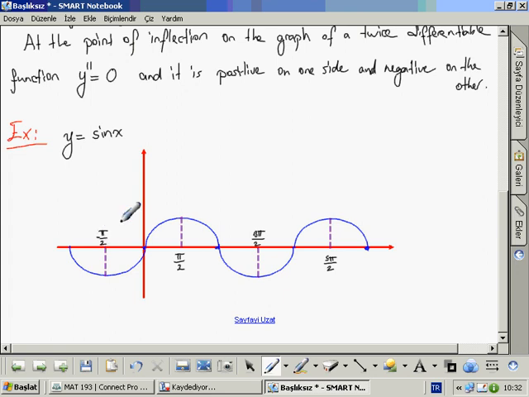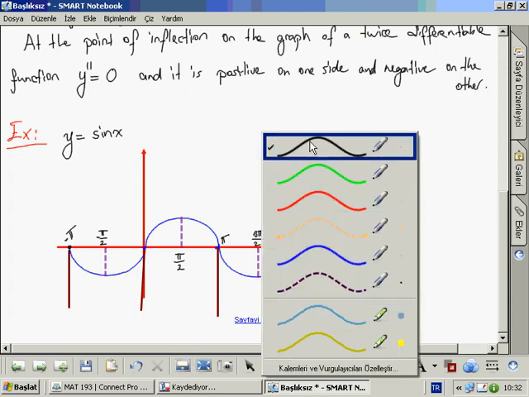And this point is pi, this is 2 pi, this is 3 pi, this is minus pi. Please look at these intervals.